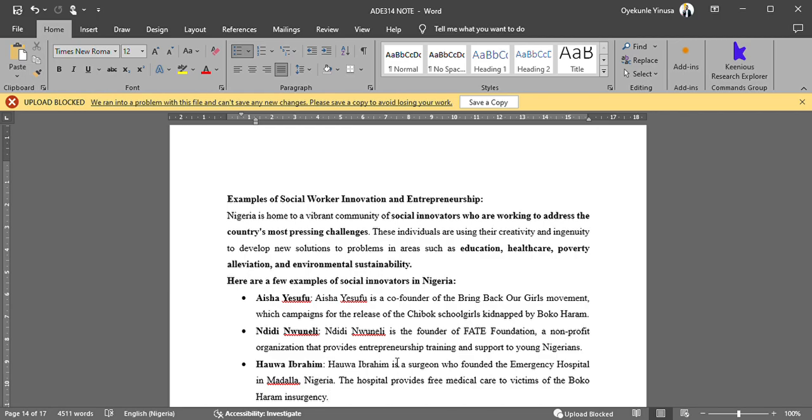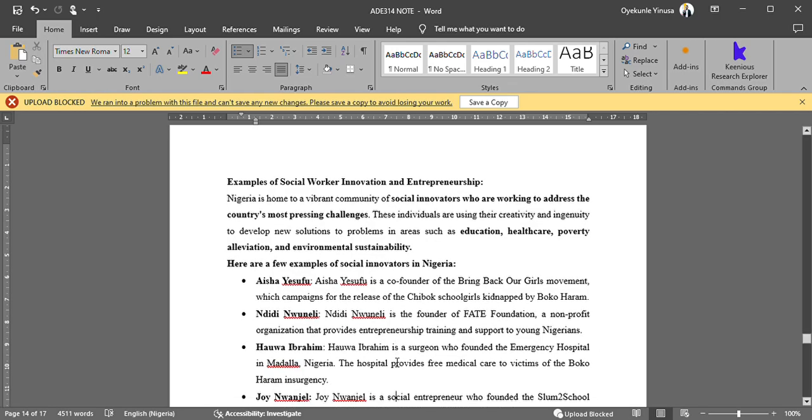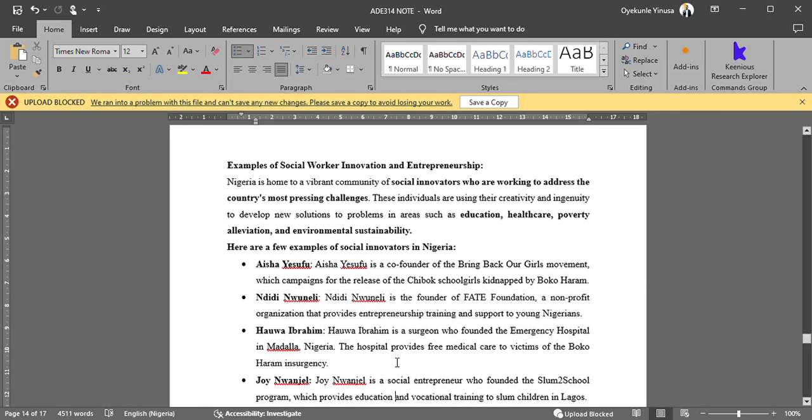And these social innovators, when you look at them critically, have been able to identify issues in different areas of life, in terms of education, healthcare, poverty alleviation programs, environmental sustainability. They have been able to use their creativity and ingenuity to develop such solutions, and that is why we are able to make reference to some of these social innovators.